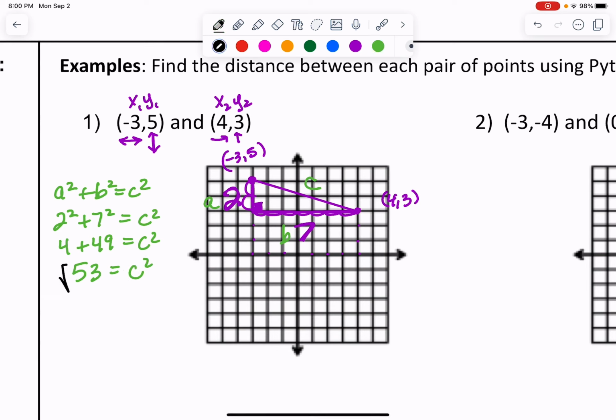And then we're going to take the square root of both sides so that I get that C, which equals the distance, is 7.3. And I'm going to make that approximate. So an approximate is little squiggly lines instead of an equal symbol.